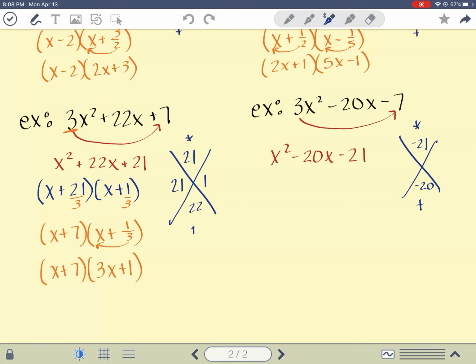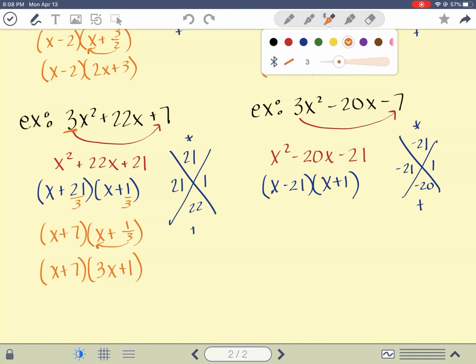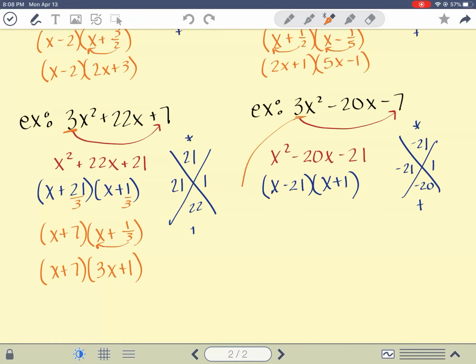Again, we're using 21 and 1, but this time, since we're multiplying to a negative, we have to have a negative and a positive. And since we're adding to a negative, our bigger number is going to be negative. So I've got a negative 21 and a positive 1, and I get the quantity of x minus 21 times the quantity of x plus 1.